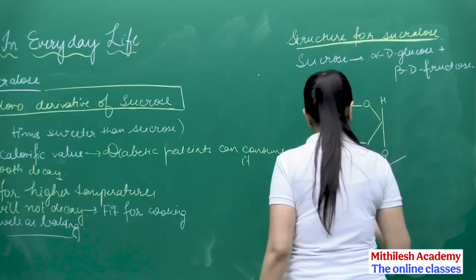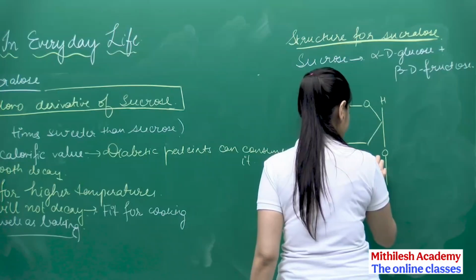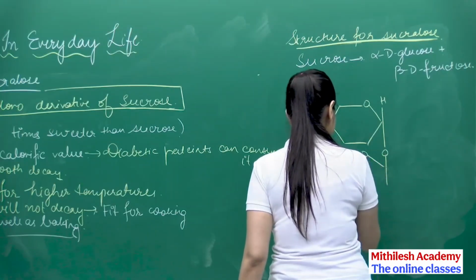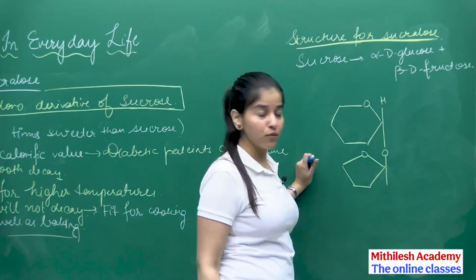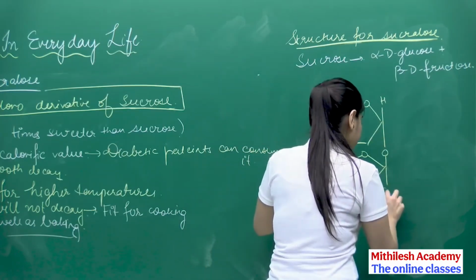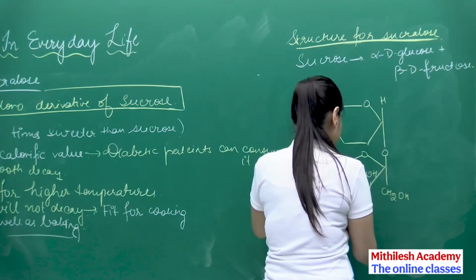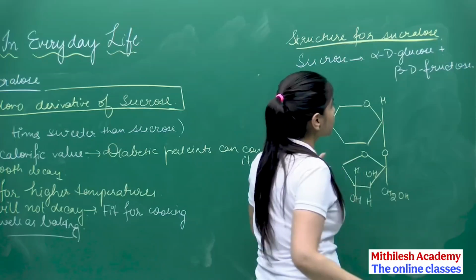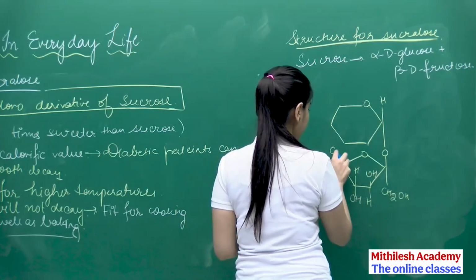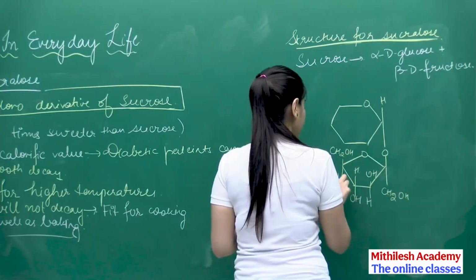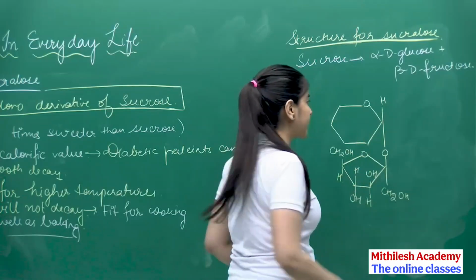Now what? A 5-membered ring, so it would be something like that. So that is how the 5-membered ring would be. CH2OH, OH, H, OH, H. So that is nothing but beta D fructose, and the remaining one is CH2OH, H. I need to complete all the groups over here as well.